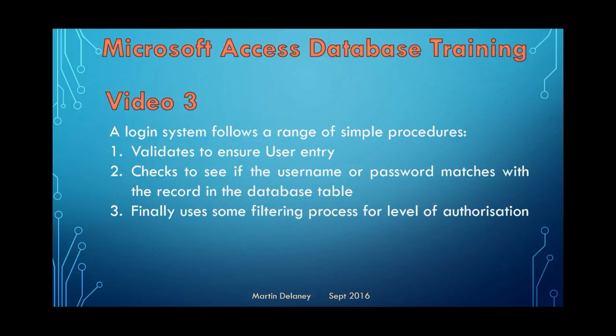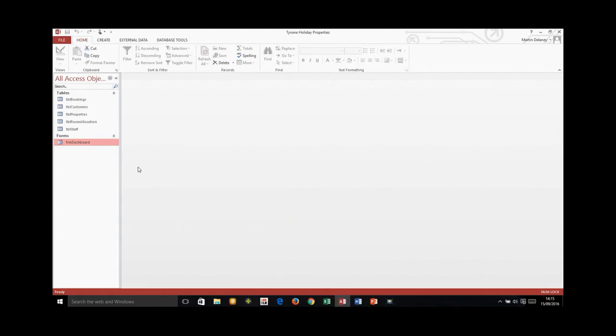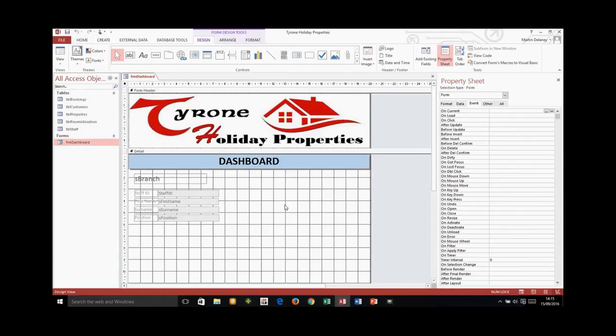So I'm going to go ahead and we're going to look at dishing up the dashboard a wee bit, so that whenever we go and create our login form, we have some different processes available on the dashboard. In our dashboard or splash screen or switchboard, whatever you've called it, we're going to look at adding a couple of event buttons that we're not actually going to have any events in.